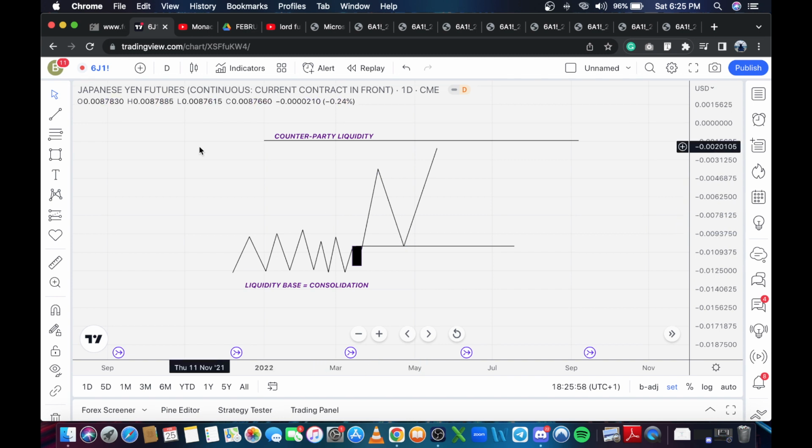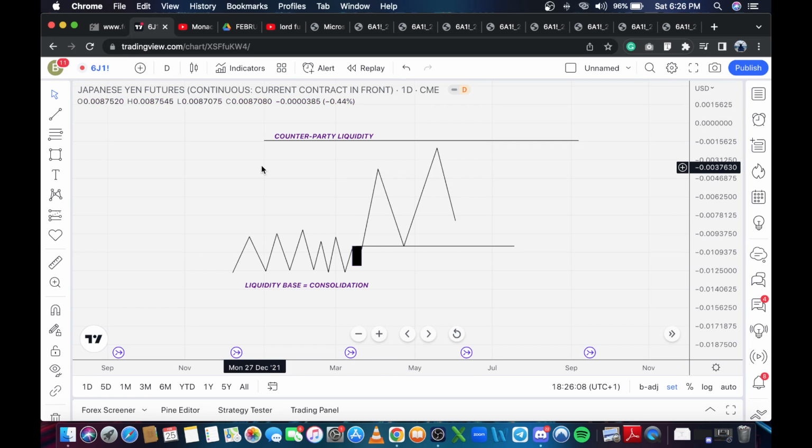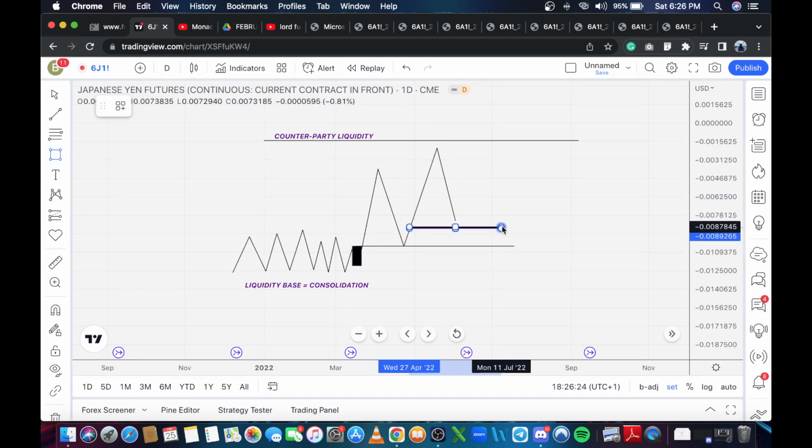In retracement, the market is seeking to rebalance the inefficient price delivery because that's the way the algo was designed. So price will retrace because it has to go and rebalance areas of inefficient price delivery in the run higher. So this is why we're concerned primarily with fair value gaps or inefficiencies.